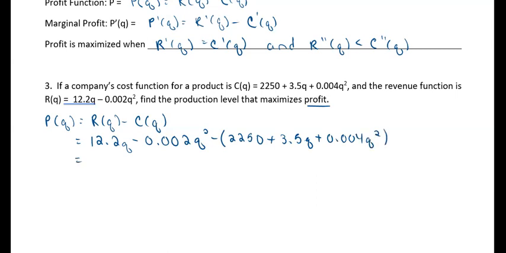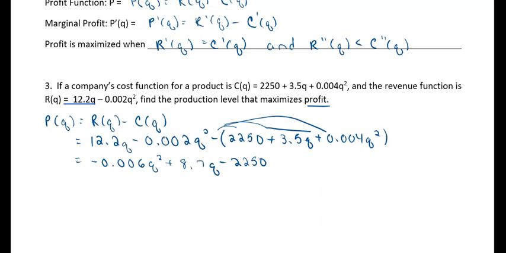So if we distribute this negative right here and simplify this down, we'll have negative 0.006 Q squared plus 8.7 Q minus 2,250. I put the squared first because that's how we usually see it, so I just rearranged it as I was simplifying it.